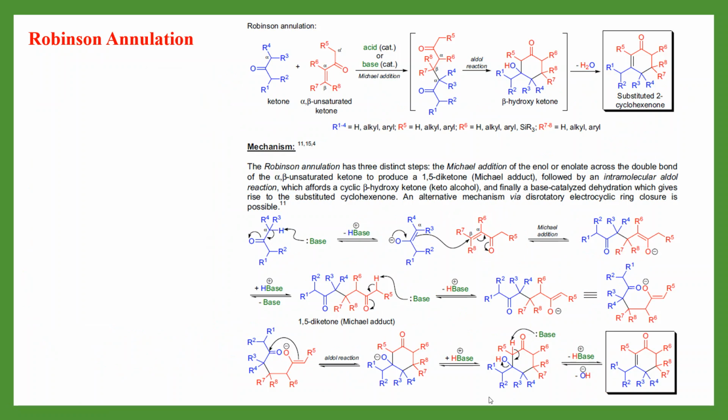So the next name reaction for this session is Robinson annulation. So what is your Robinson annulation? If you look at it, you have an alpha beta unsaturated ketone. You have another ketone. So basically, when a Michael reaction is happening intramolecularly.